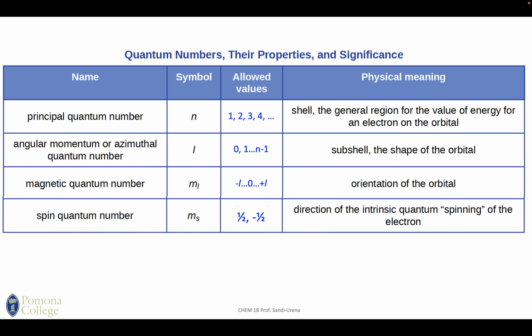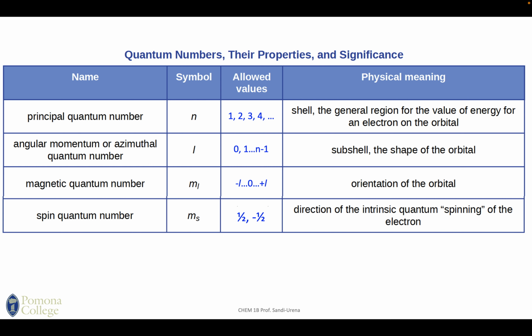And this quantum number is a property of the electron. It is not a property of the orbital like n, l, and m sub l, but a characteristic of the electron. Understanding what the spin quantum number means is beyond the scope of this class.